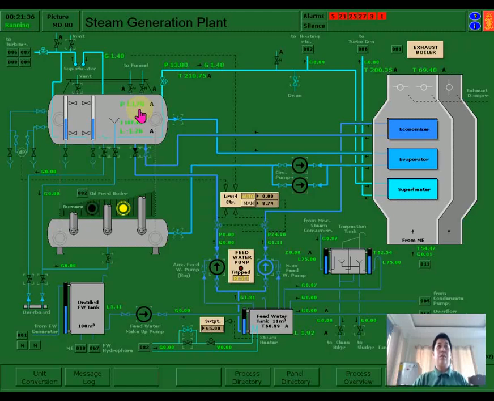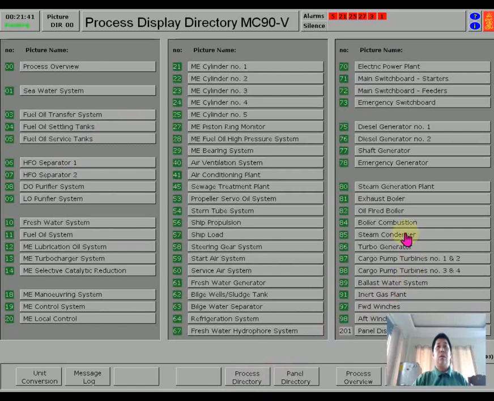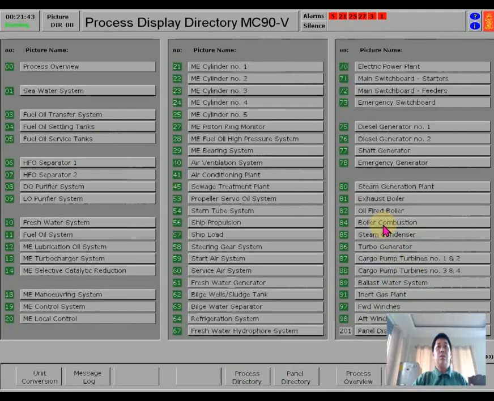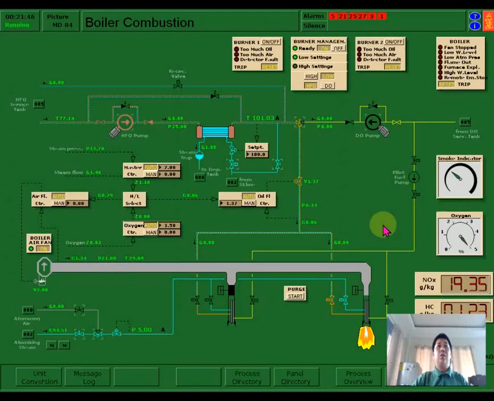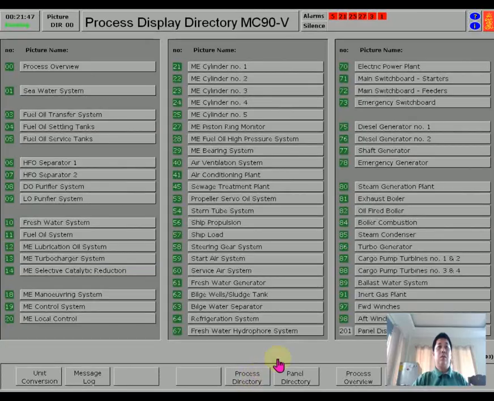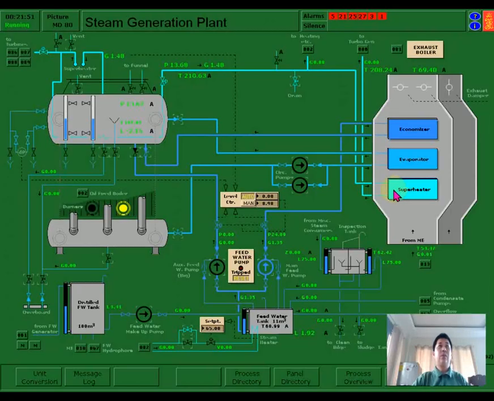I will check if the boiler combustion is still okay. I want to drain the steam out to 7 bar.